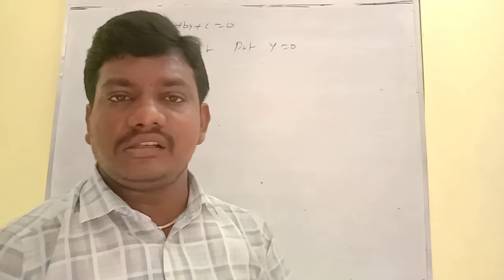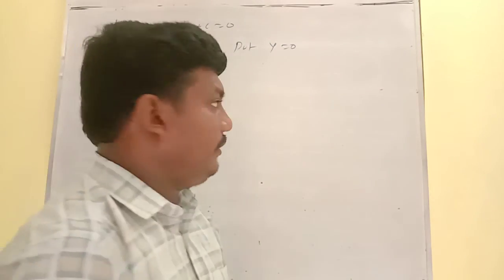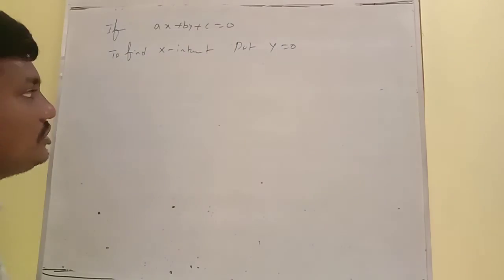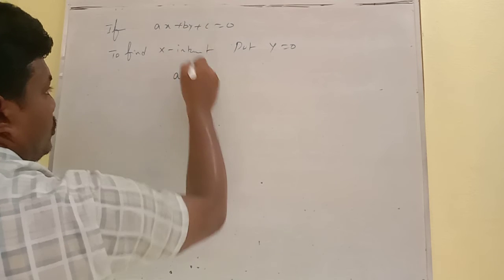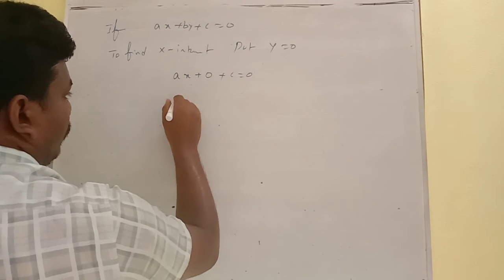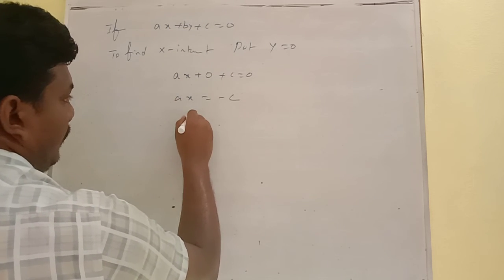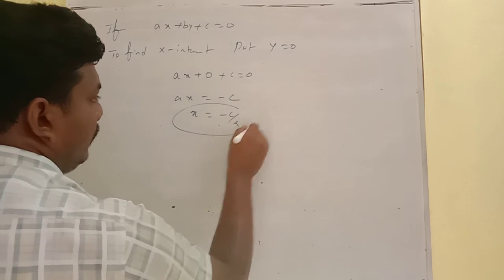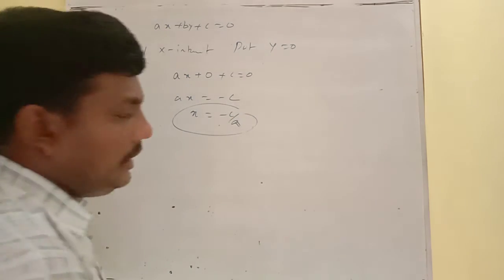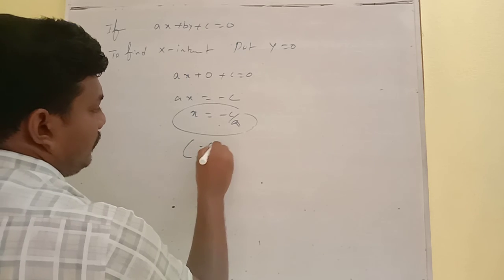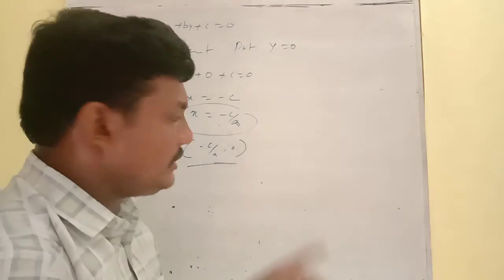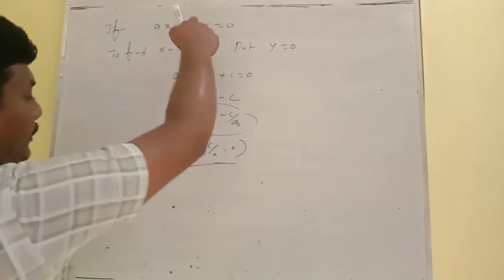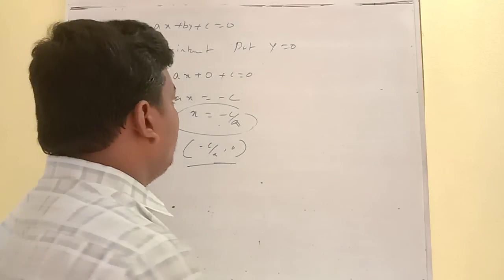That means on the x-axis there is no y value. So putting y is equal to 0: ax plus c is equal to 0, then ax is equal to minus c, then x is equal to minus c by a. So the x-intercept is the point minus c by a comma 0, where the line touches the x-axis.